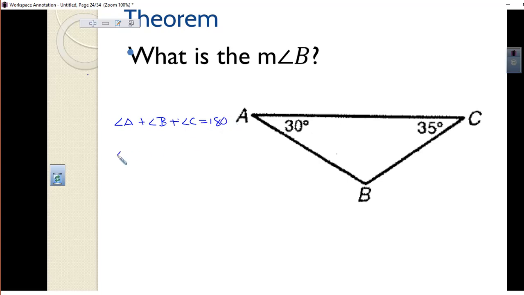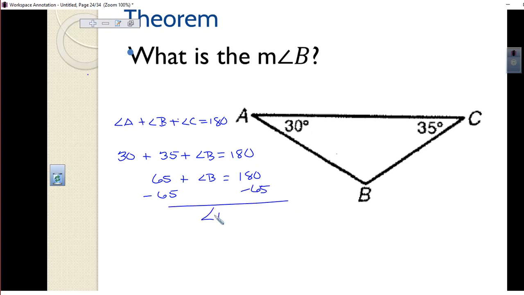So I could say 30 degrees plus 35 degrees plus angle B is equal to 180. I didn't go in exactly order here, but the two angles plus angle B is equal to 180. 65 plus angle B is equal to 180. Subtract 65. That gives us that angle B is equal to 115 degrees.